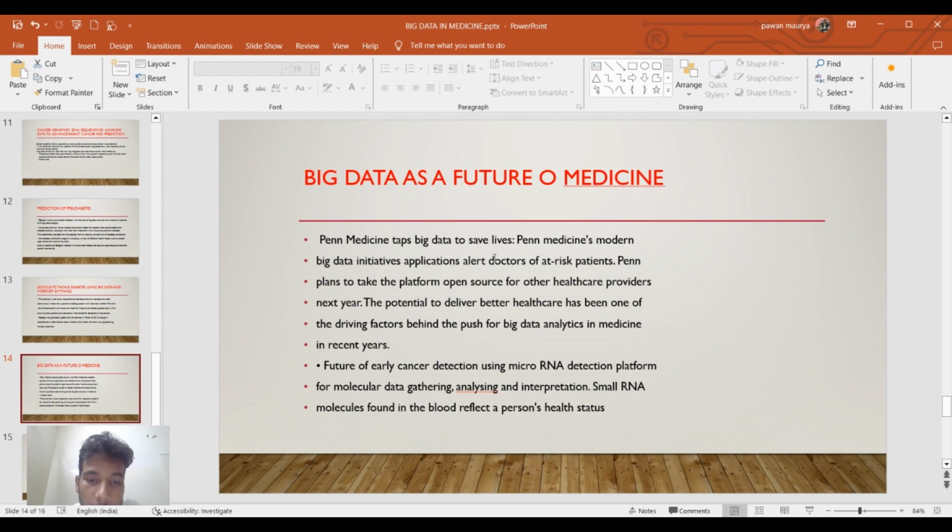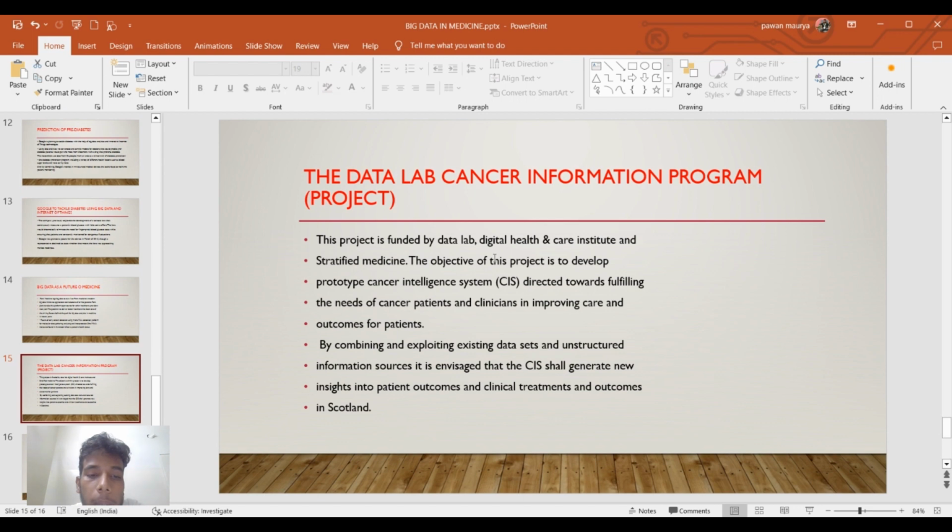Future of early cancer detection using a microRNA detection platform for molecular data gathering, analysis, and interpretation. Small RNA molecules found in the blood reflect a person's health status. The Data Lab Cancer Information Programs project is funded by Data Lab, the Digital Health and Care Institute, and Stratified Medicine.